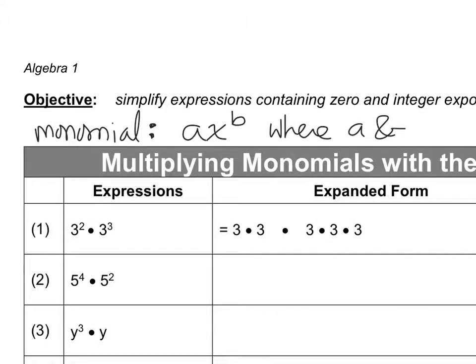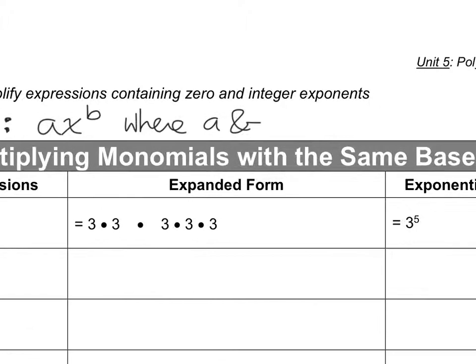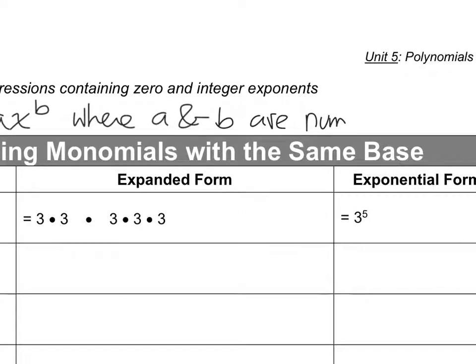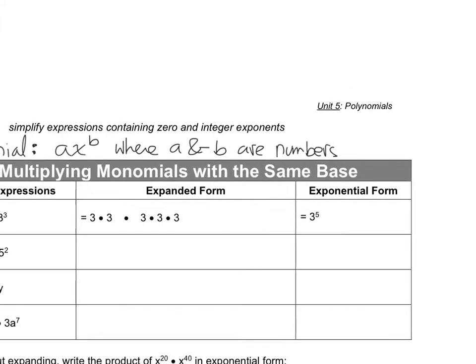a and b are numbers, just to keep it simple. All right, so an example of that would be something along the lines of 2x to the third power.